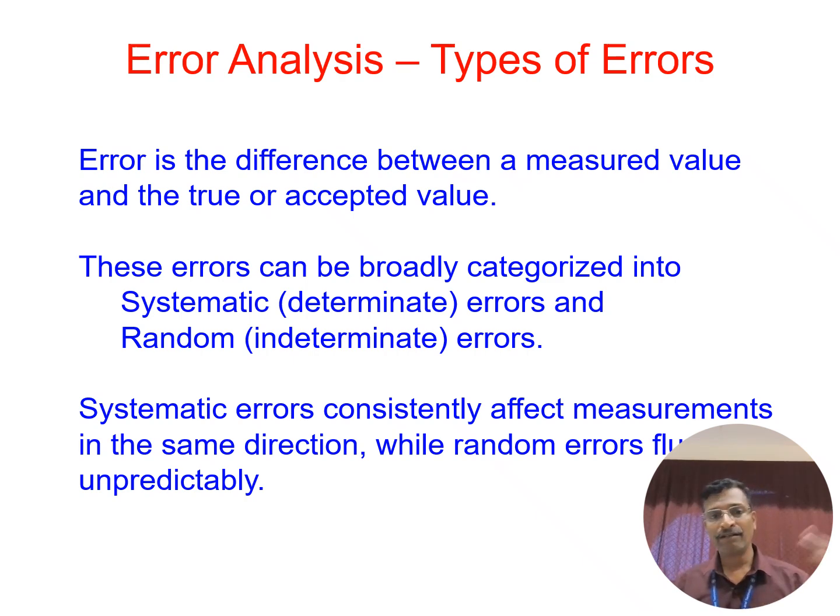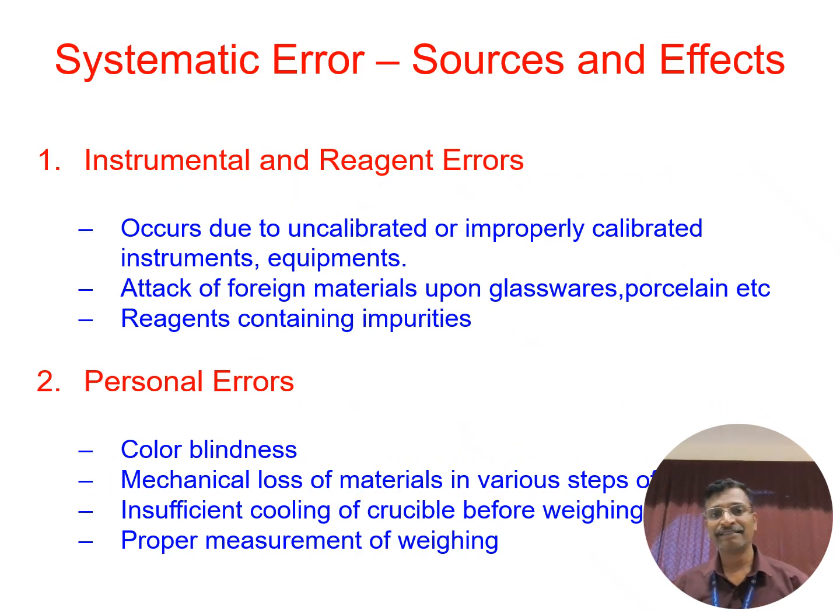Let us see what are the factors in the systematic and random error. Okay, so the first source of systematic error is instrumentation and reagent error.